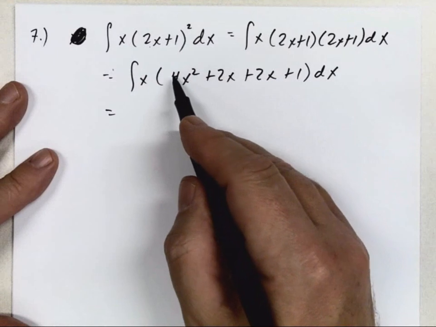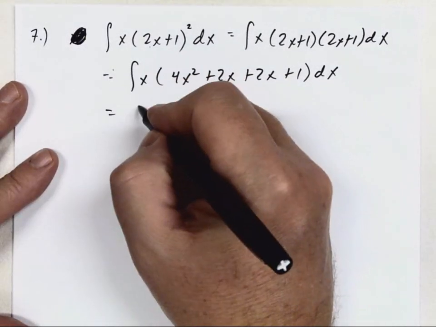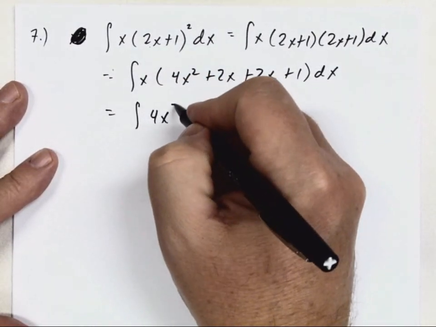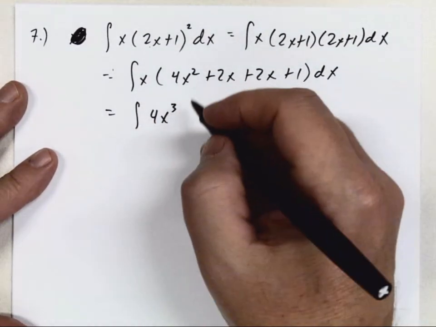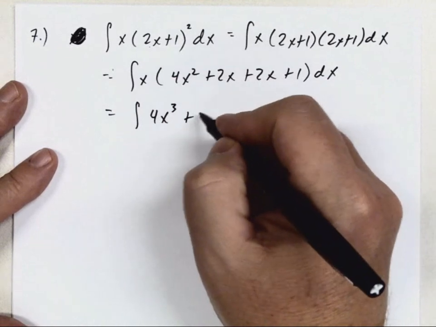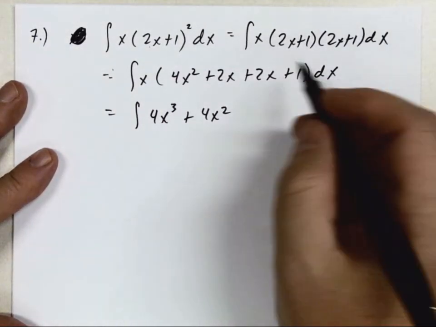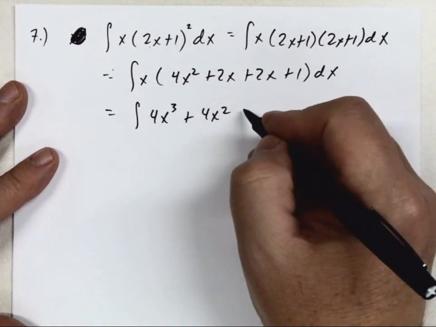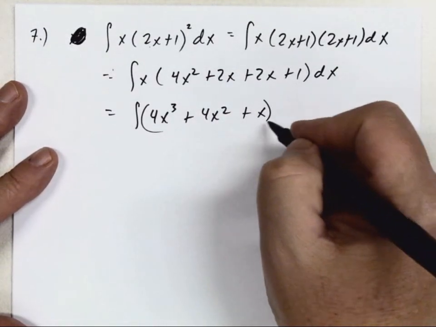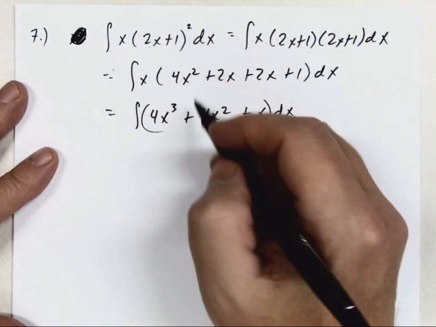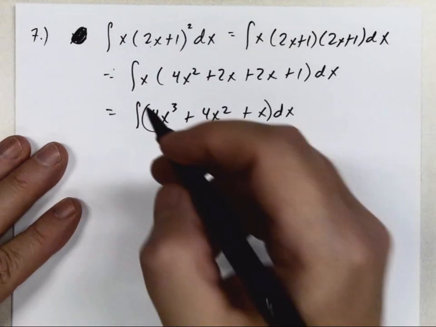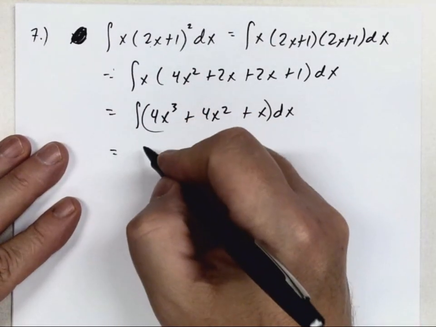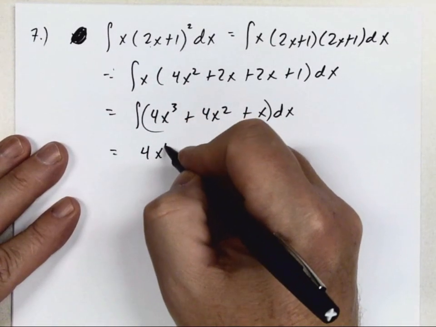Let's sort of skip some steps here. So 4x squared times x, 4x cubed. This 2x and this 2x add together, which is 4x times x. And then this x times 1. So we started here, and now we have 3 terms added together, and we can use the power rule to integrate these.